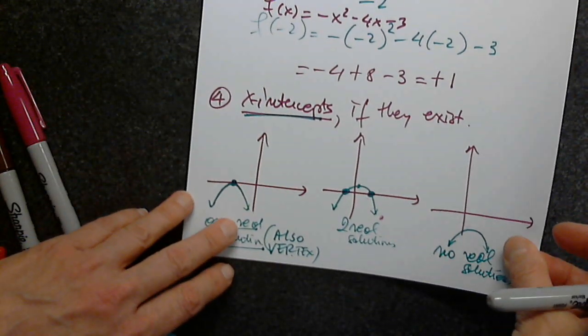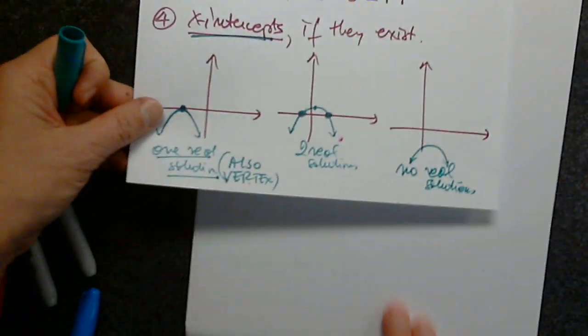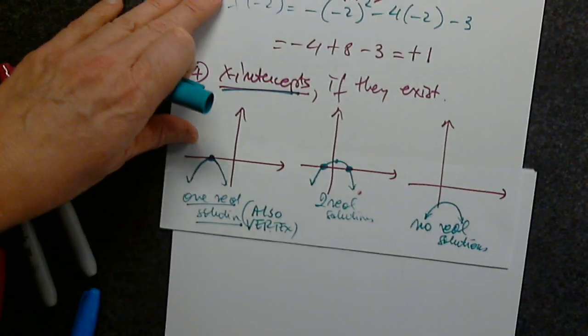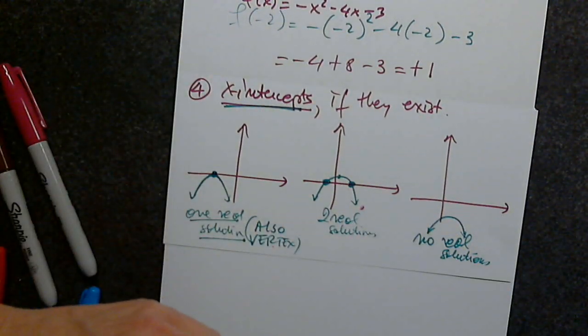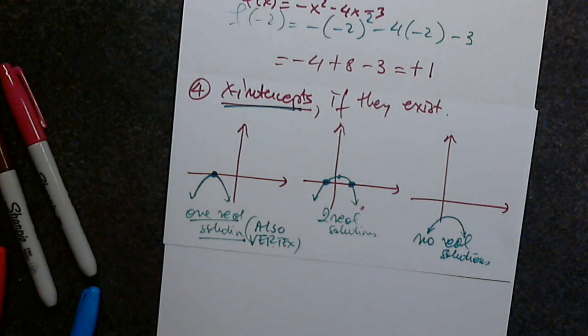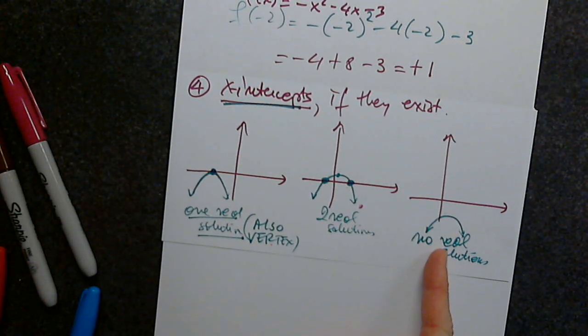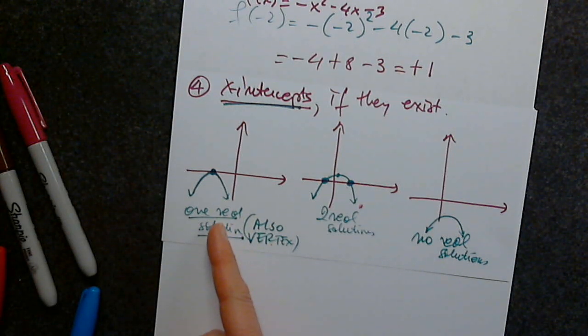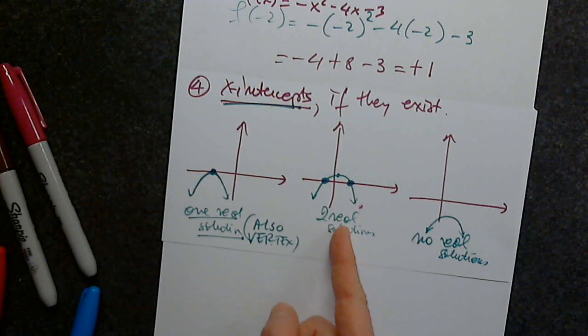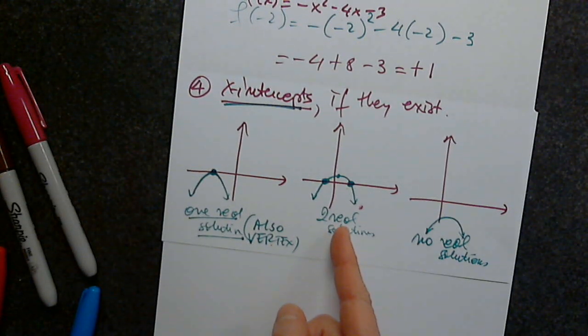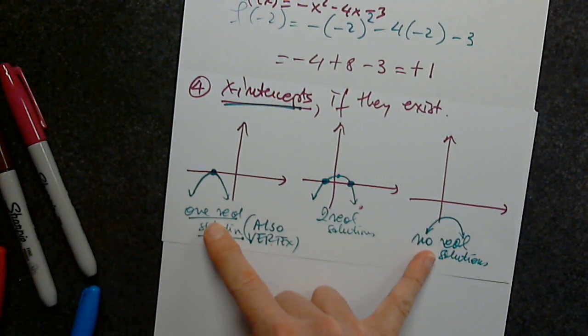Why do I need to think in these terms? Because I don't want to waste my time. In which of these 3 situations will I be wasting my time? In the last one, because I won't find solutions. Also, in the first one, because I already found the vertex. So only this one makes sense to spend time on, not on these 2.